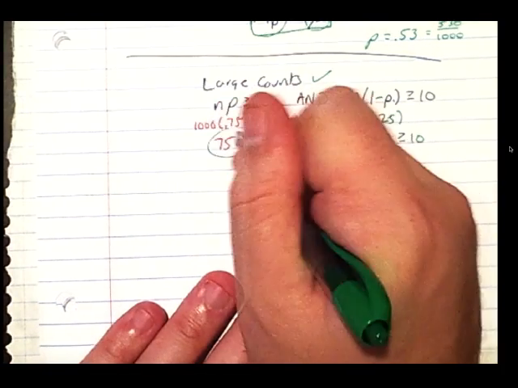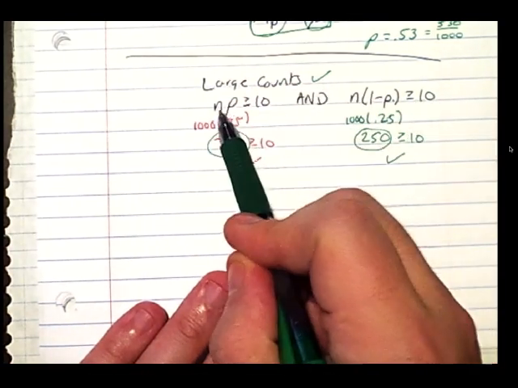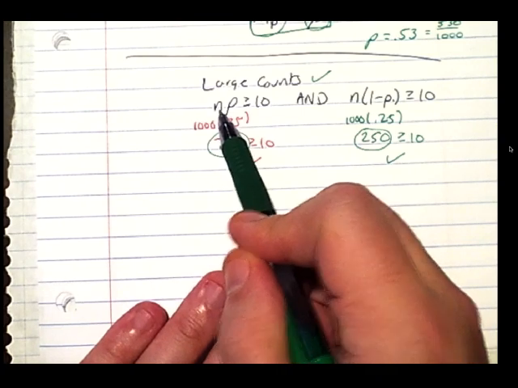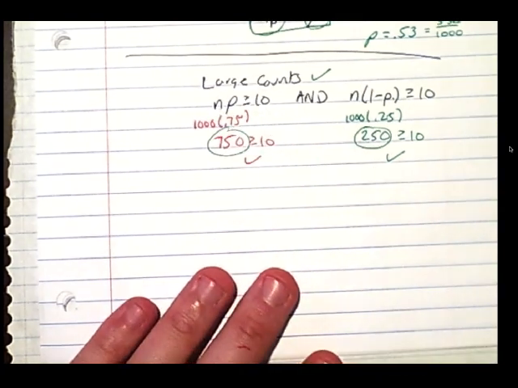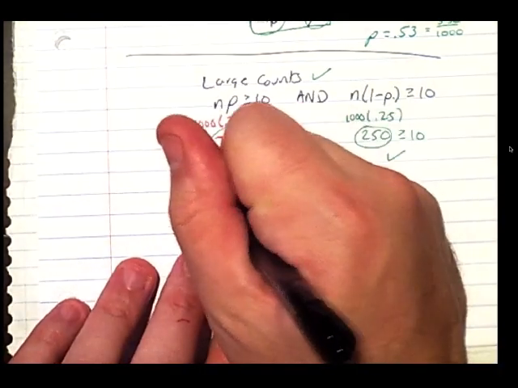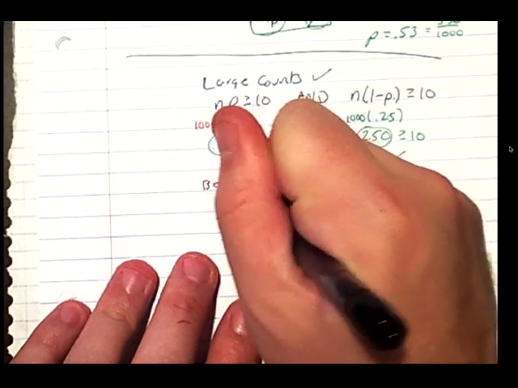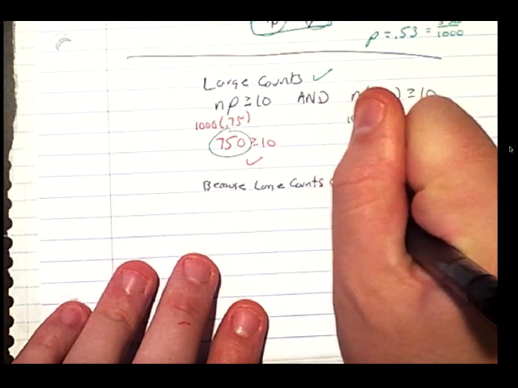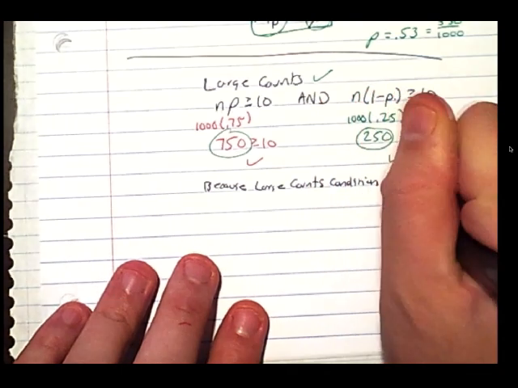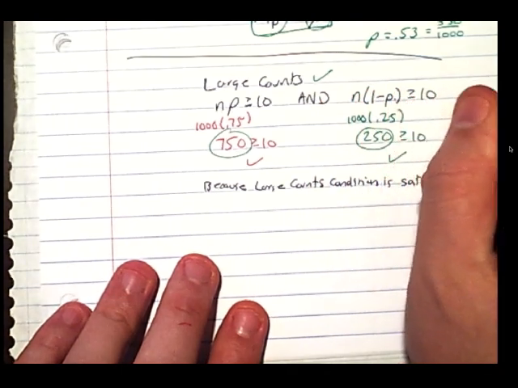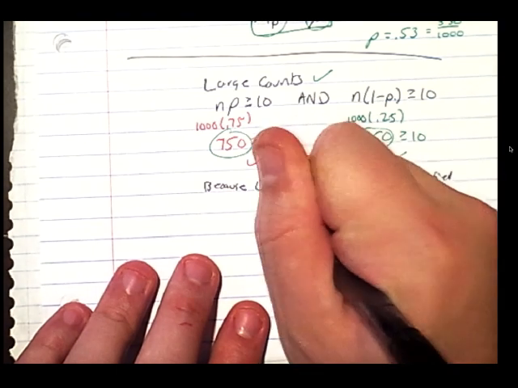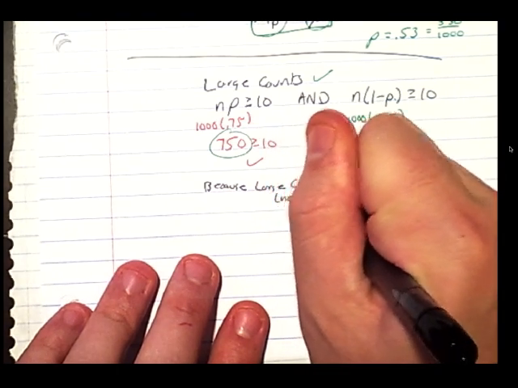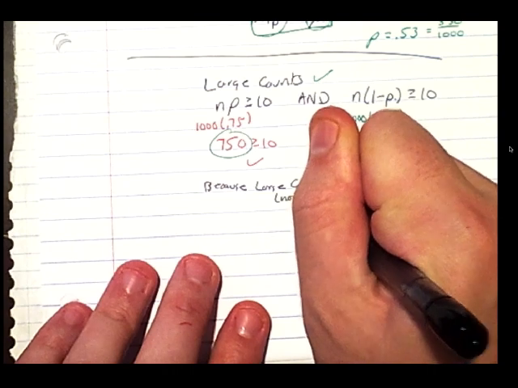Basically, these two numbers will add back up to n. They have to. So I would say, because the large counts condition is satisfied, and sometimes, guys, this large counts condition is called the normal condition.